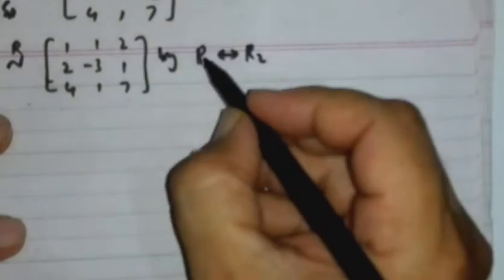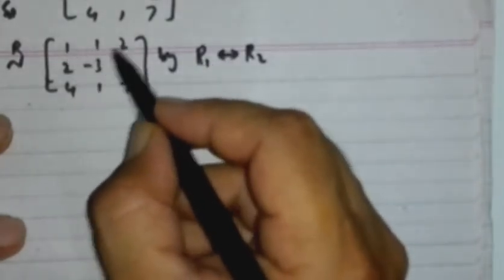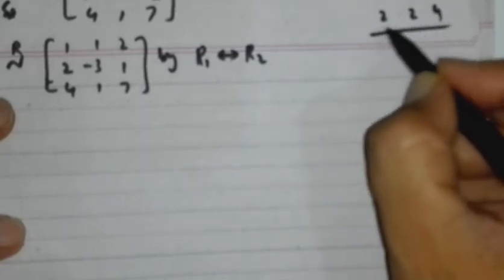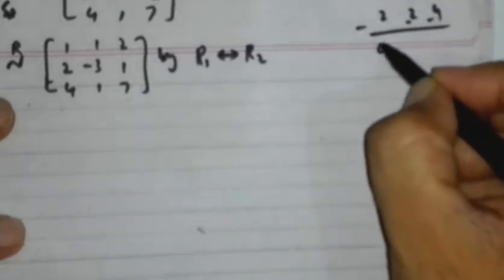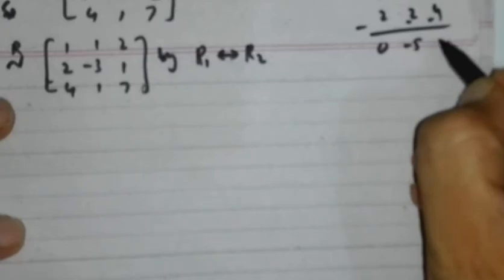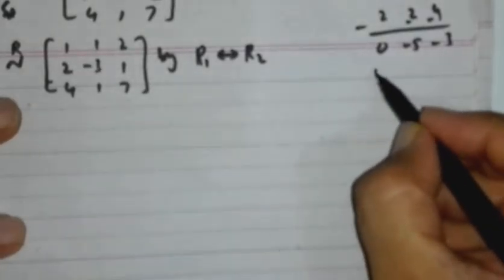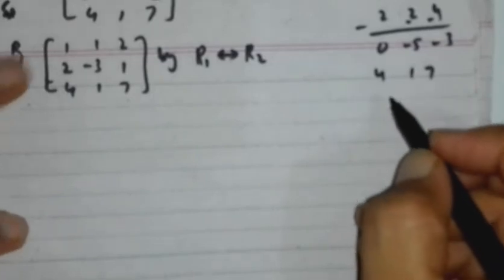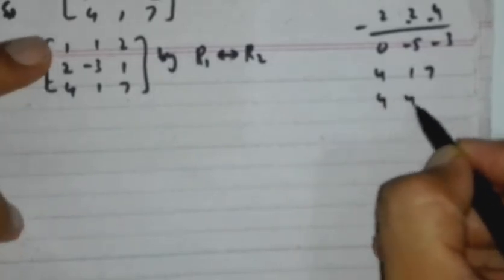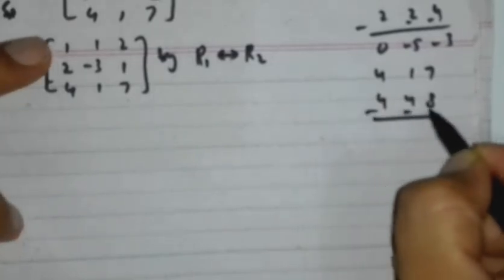Now multiply this with 2 and subtract it from row 2. Row 2 is 2 minus 3, 1. 2 1s are 2, 2 1s are 2, 2 2s are 4. Subtract it. Here we get 0, here we get minus 5, and here we get minus 3. Also write the third row, which is 4, 1, 7, and multiply the first with 4. 4 1s are 4, 4 1s are 4, 4 2s are 8, and subtract.